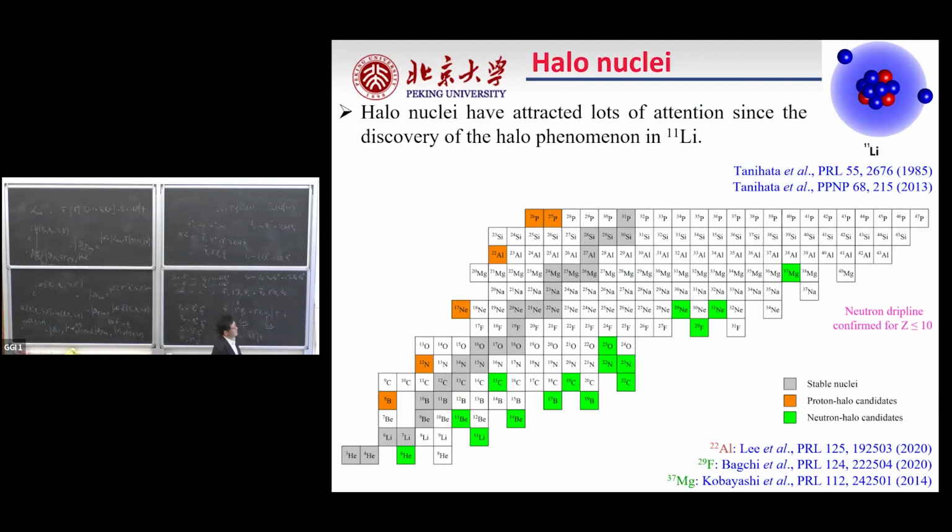And in particular, from this nuclear chart, there is already some information, for example, in which nuclei the halo phenomena exist. Experimentally, as I mentioned in the first or second lecture, when people are searching for the halo, the experimental signal is very clear.